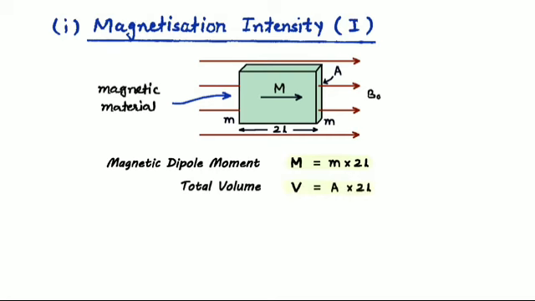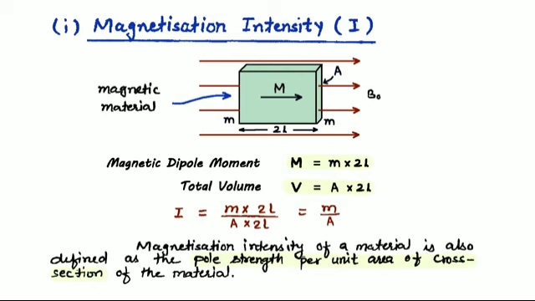Mathematically, I is equal to magnetic moment by volume. So, I is equal to M by V. The SI unit of intensity of magnetization is ampere per meter. The magnetic dipole moment M is equal to small m into 2L, where small m is the pole strength and L means half length. The volume of the bar magnet is V equal to A into 2L.